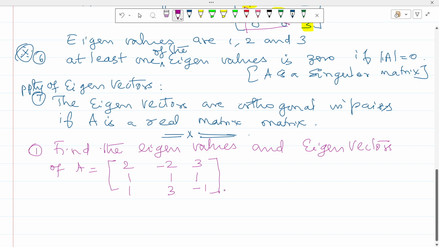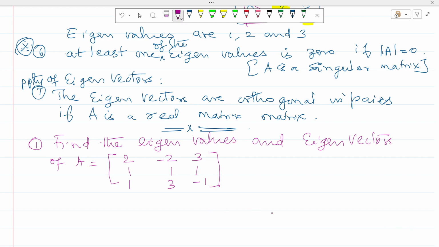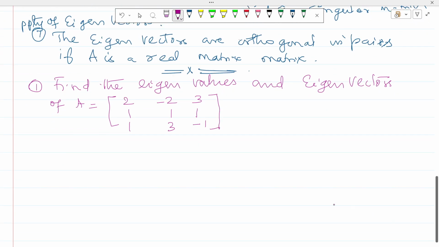Is it a symmetric matrix? No, sir. No, no. Okay.